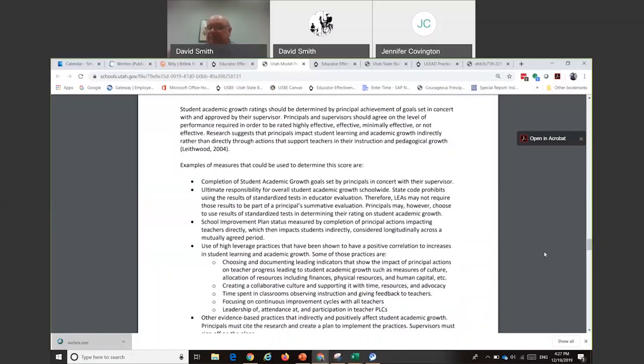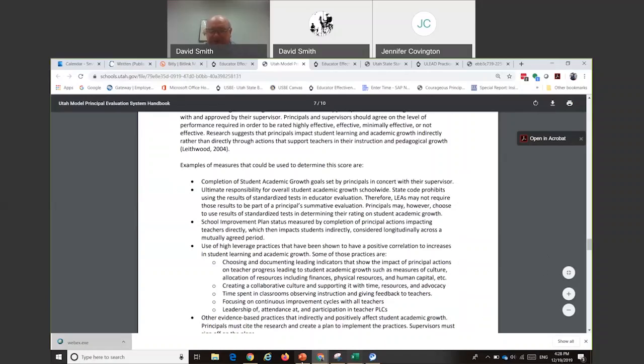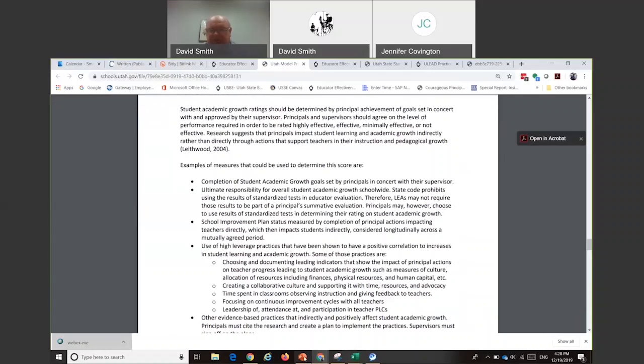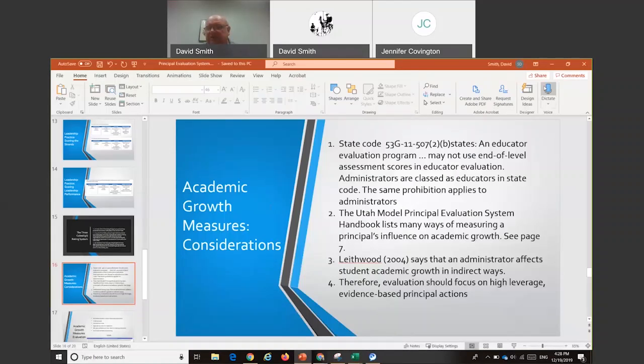Focusing on continuous improvement cycles with teachers in their evaluations, leadership and participation in PLCs, all of those things have an indirect effect on student academic growth. So therefore, they could be part of a principal's evaluation in this area of academic growth measures.